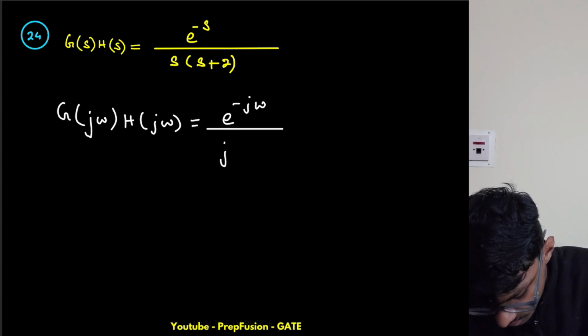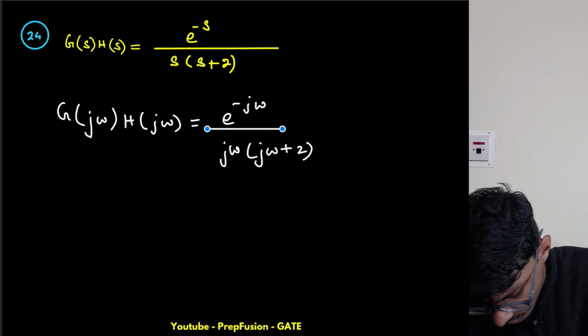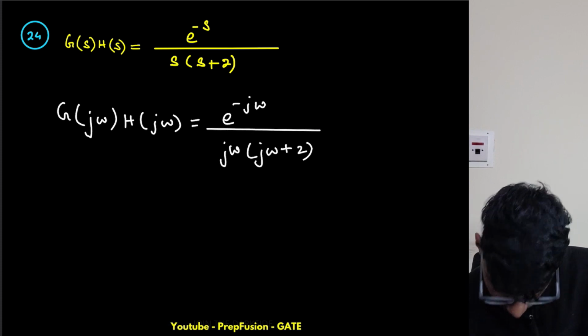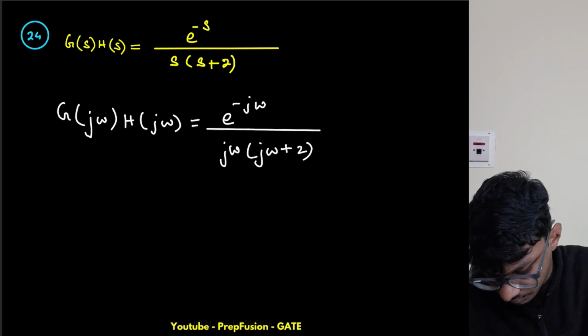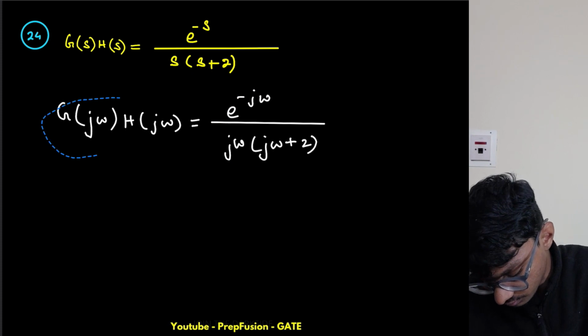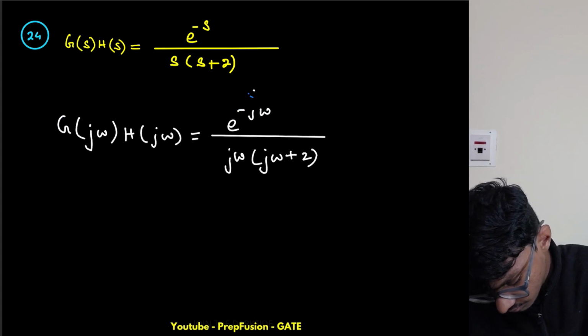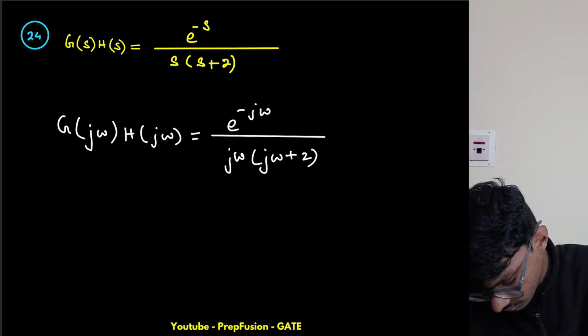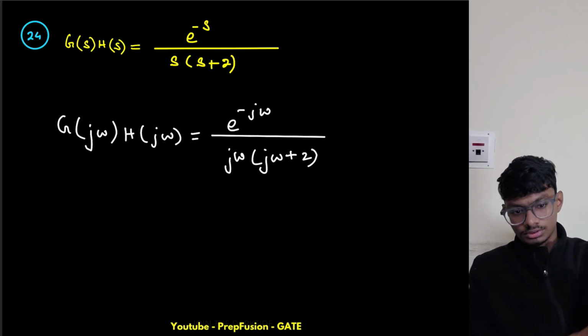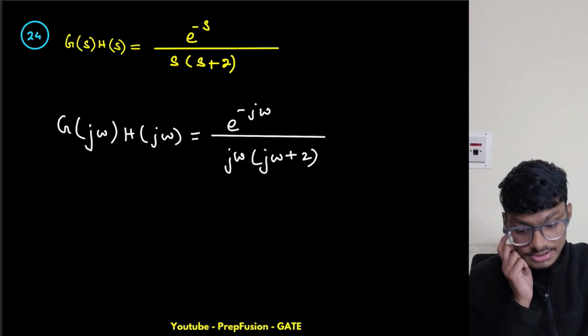So it is J omega into J omega plus 2. Okay, so yeah, this is this one again.